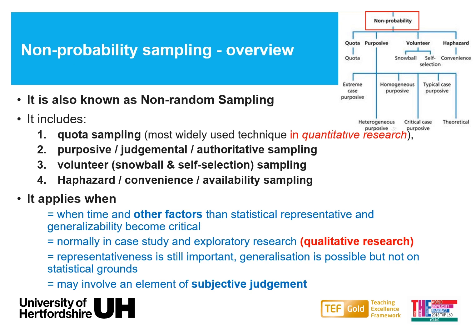For example, if interviewing about leadership style within a particular leader in an organization, the representativeness of the person you choose is still important. Yeah, generalization may still be possible because it may apply to other leaders with the same leadership style, but it is not based on statistical grounds, it is based on their views. And then they may involve an element of subjective judgment because as a researcher, you will be part of the research.